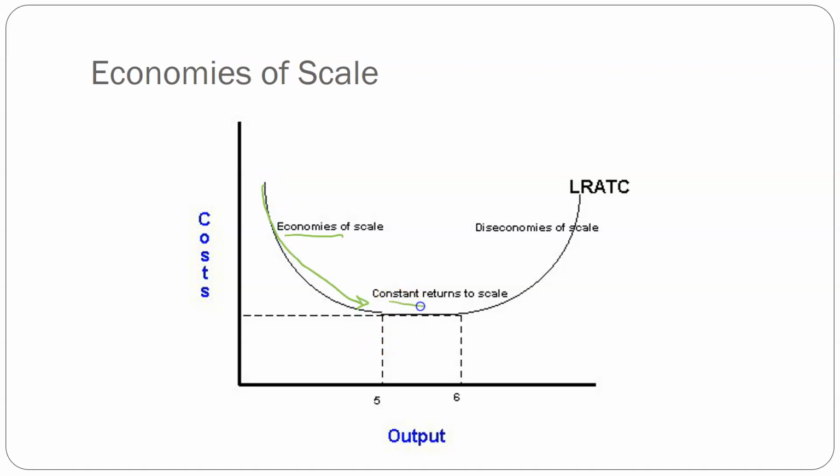Second part is called constant returns to scale, and yes, CRS and EOS are the abbreviations. And then we have diseconomies of scale, which is as you increase your fixed resources, at some point the LRATC actually does go up. And again, that's called diseconomies of scale, or you can guess DOS for diseconomies of scale.